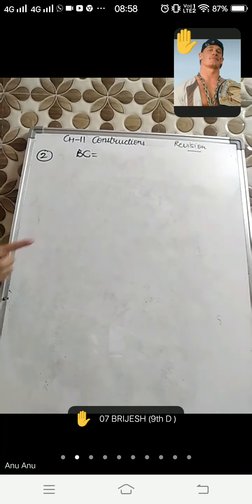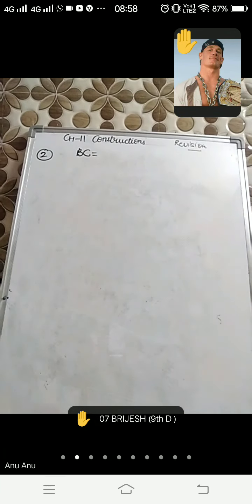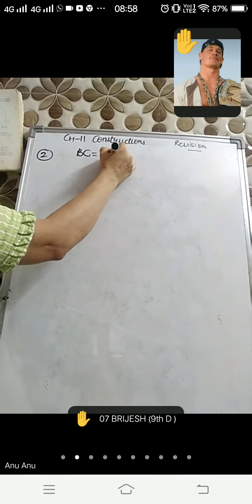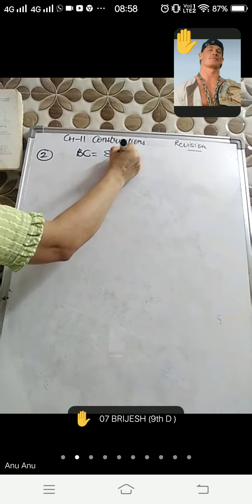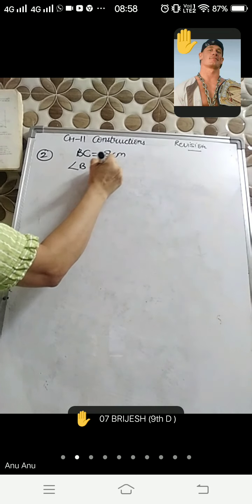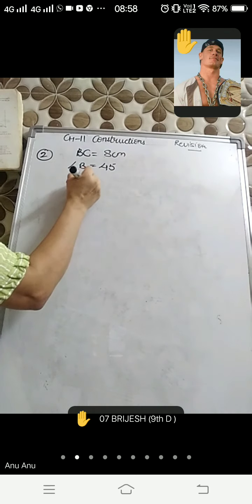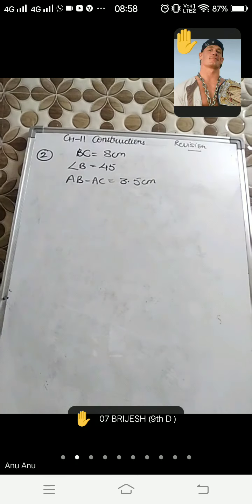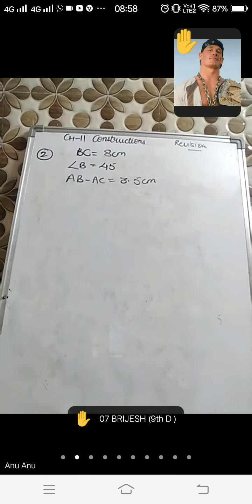नाउ स्टार्ट सेकंड क्वेश्चन विद मी. आपको BC गिवन है, आप ये ड्रॉ करना, मैं आपके साइड बाय साइड वेट करूंगी, आप मेरे साथ साथ चलना. 8 सेंटीमीटर गिवन है, एंगल B 45 गिवन है, AB minus AC 3.5 given. Now beta, please check, in case of subtraction question you have to check the order.